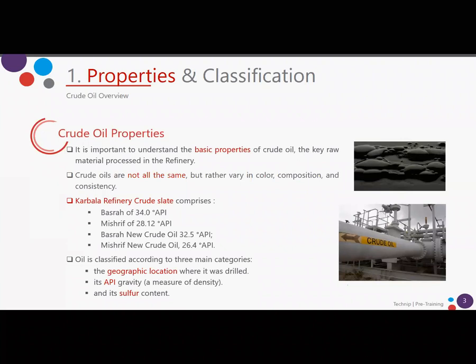As we saw in the previous presentation, the Carvalho refinery crude slate comprises four types of crude oil: two from Rasbra, one with 34 degrees API and the Basrani crude oil with 32.5, and the crude oil from Midriff with 28.12 and the new crude oil with 26.4. Oil is classified according to three main categories: the geographic location, the API gravity, and the sulfur content.